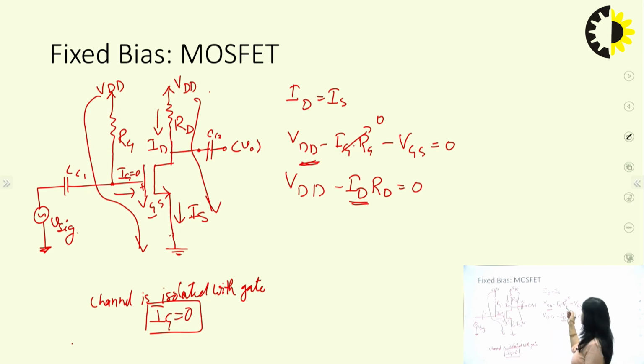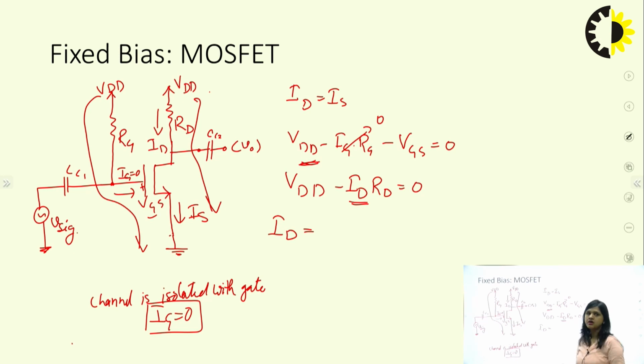From this equation we have seen that there is no ID current component, so we should know the current equation ID for the MOSFET. We have to learn this equation. If we want to design an amplifier, then for amplification purposes the MOSFET should be in the saturation region.